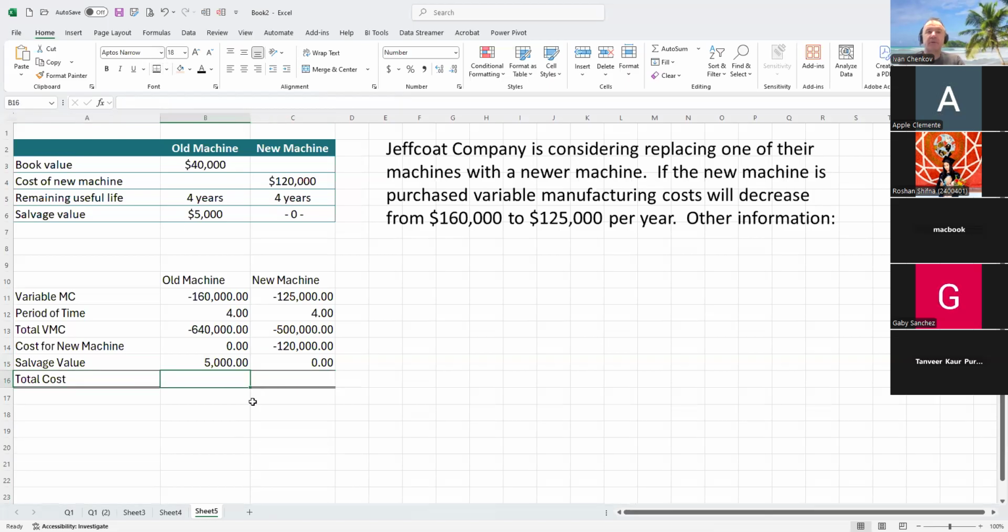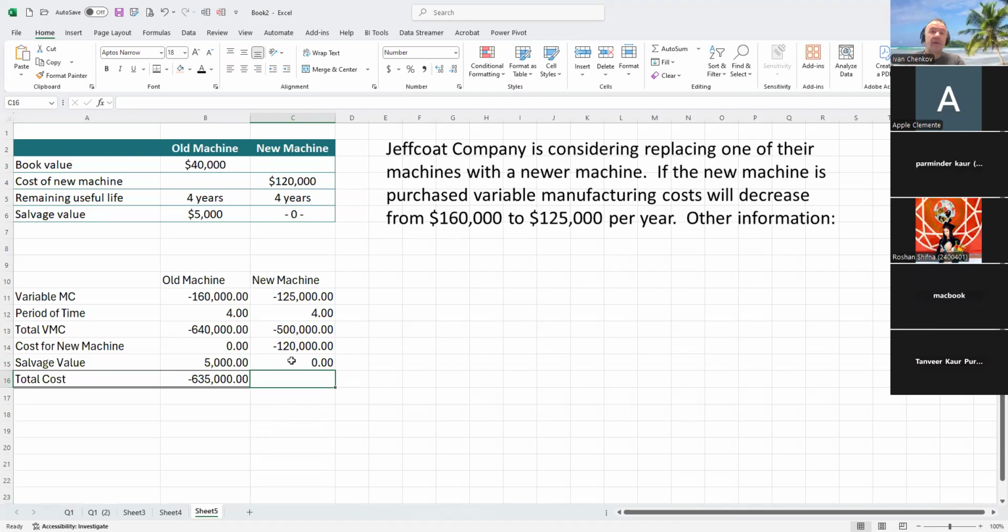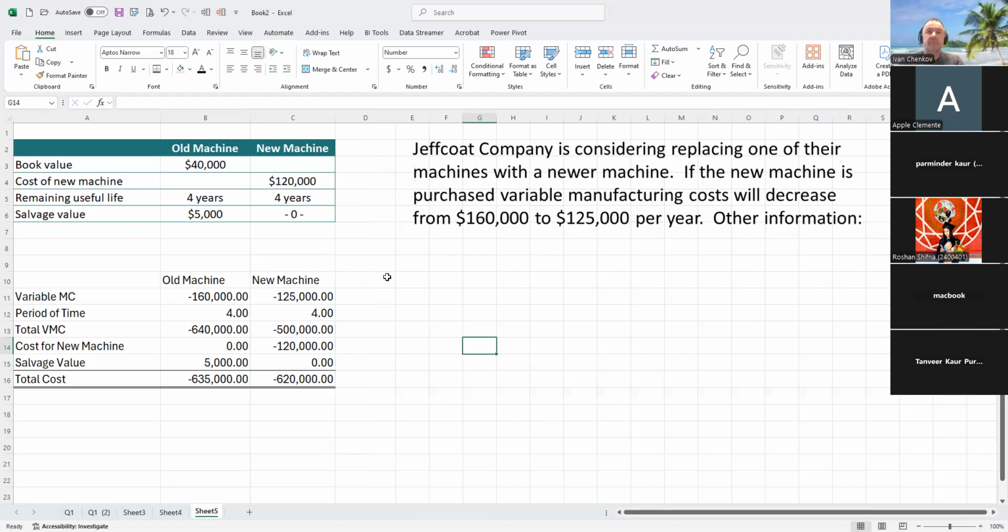If I keep the old machine, it's going to cost me 635,000, correct? Yes. If I buy the new machine, it's going to cost me 620,000. So what's my saving with the new machine?